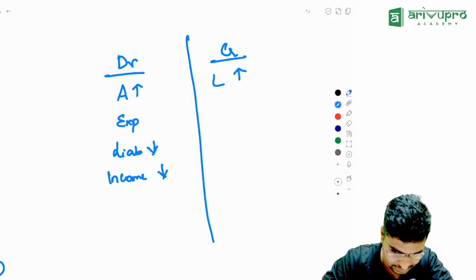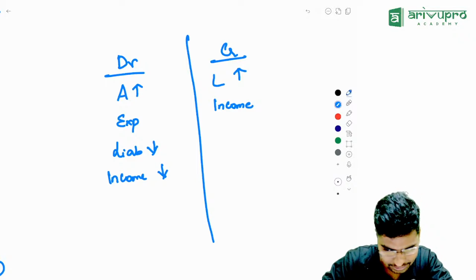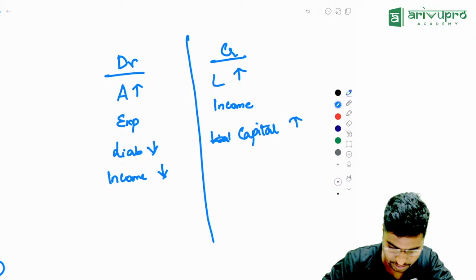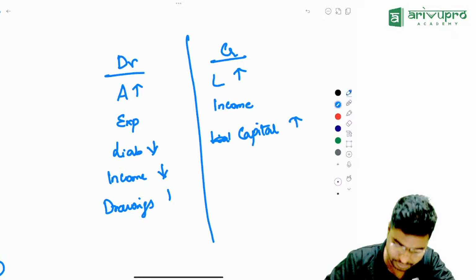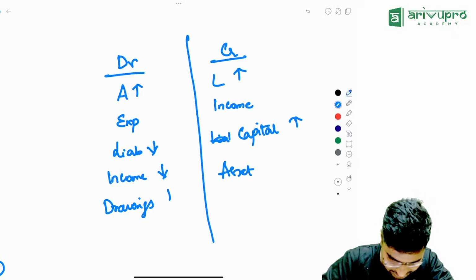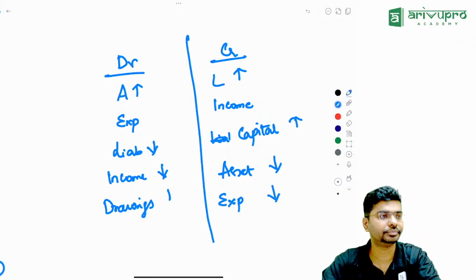Now, what all can be a credit? Liability increase, income, then capital, right? Then I can say drawings, then what else? Asset decrease, expenses decrease.